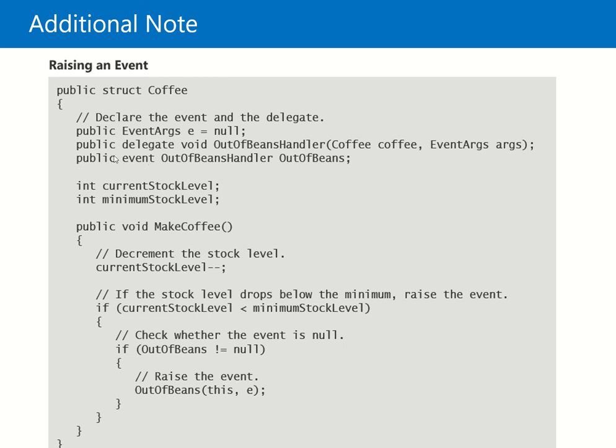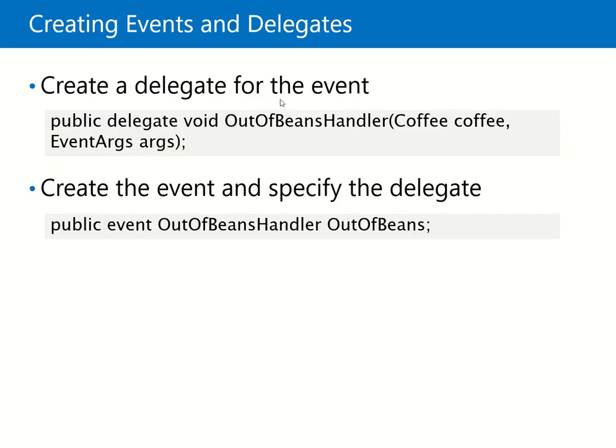So declare an event, public event, let's say called out of beans, using the out of beans handler. Remember, you have to create the public delegate first, and then you can create the event using that delegate. So that is the step to create events and delegates.